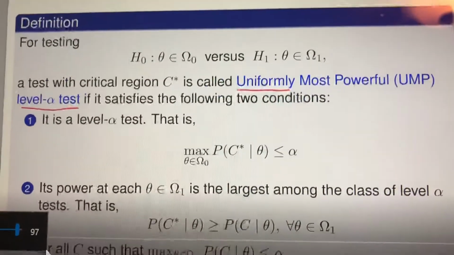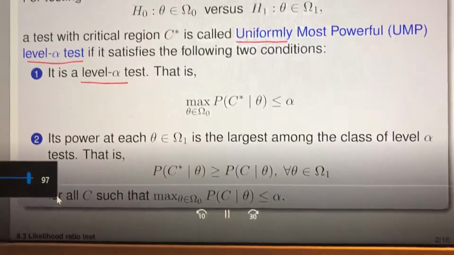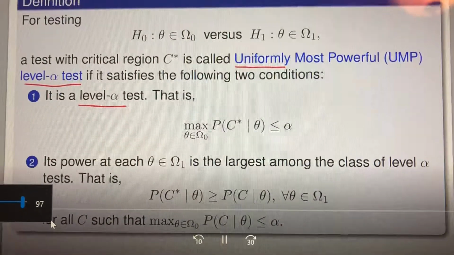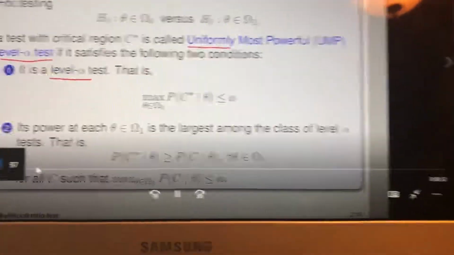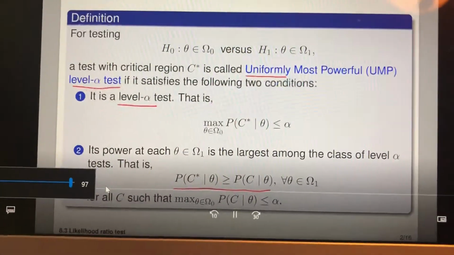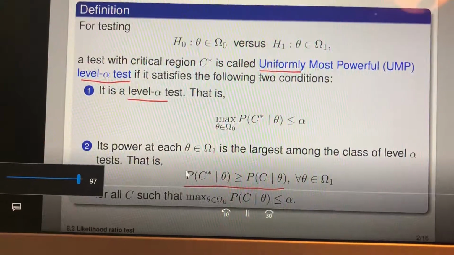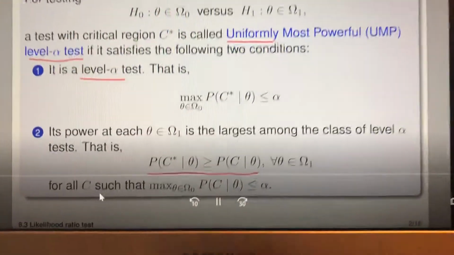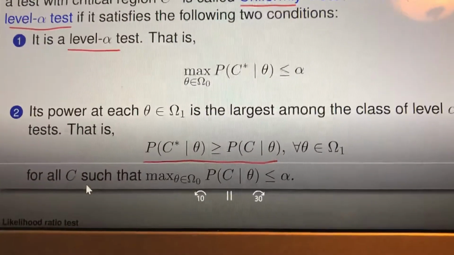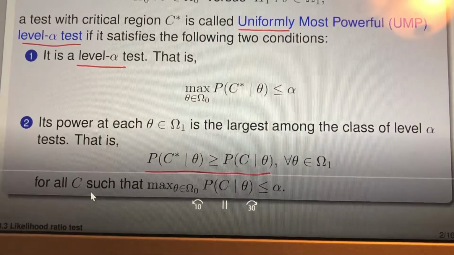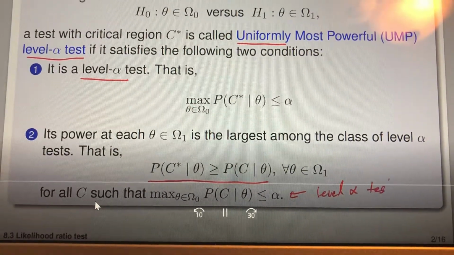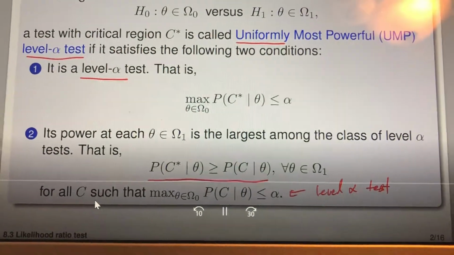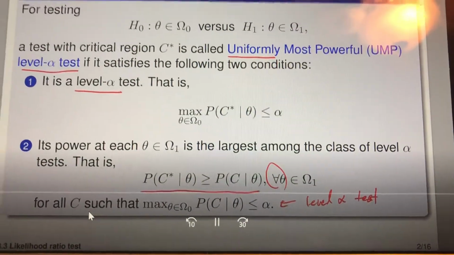It should be a level alpha test, and it should be most powerful in the sense that its power is greater than that of any other level alpha test, uniformly.